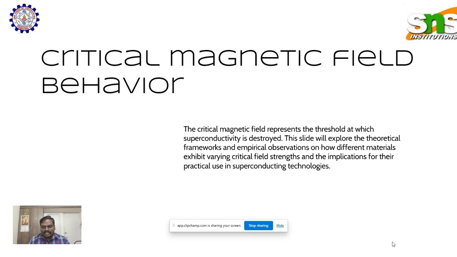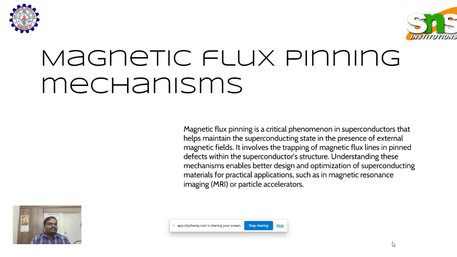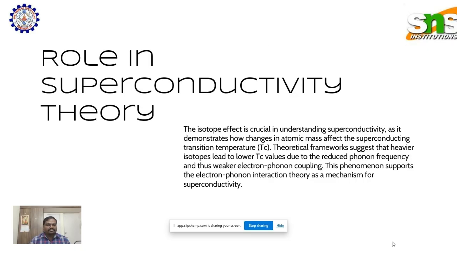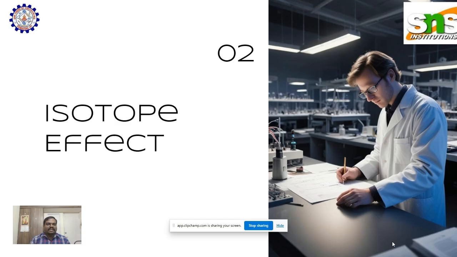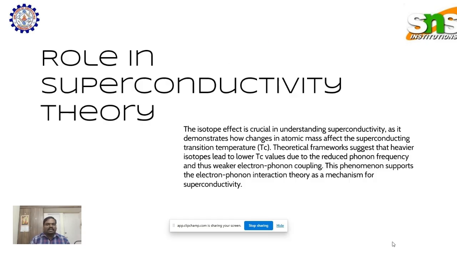Now, superconductors and the isotope effects of superconductivity. In superconductivity, we have two different types of materials: type 1 and type 2 superconductors. Type 1 superconductors expel all magnetic field until the critical field is reached, then they become normal.